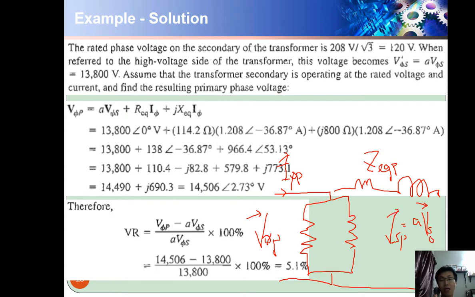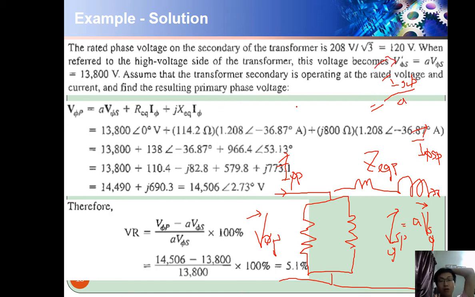This is in the phase. Then this is my I phase secondary side referred to primary, which is I secondary phase divided by a.